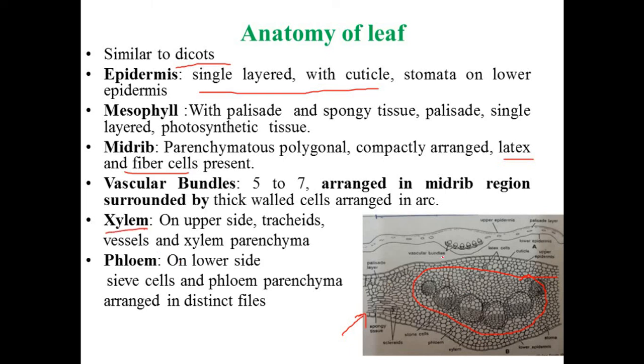Xylem is on the upper side of the leaf with tracheids, vessels and xylem parenchyma, and phloem is on the lower side of the leaf with sieve cells, phloem parenchyma, and they are arranged in distinct files. Here this is the small view, and this is the magnified view of this anatomy of leaf.